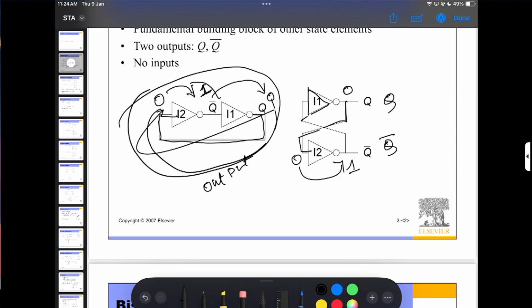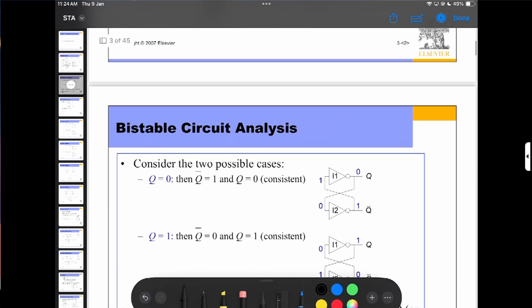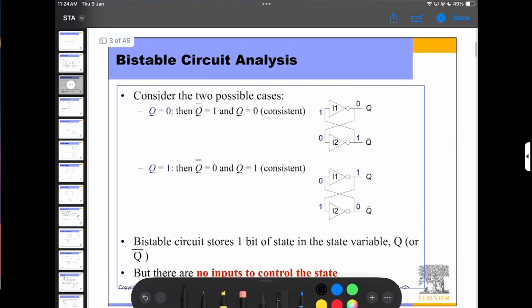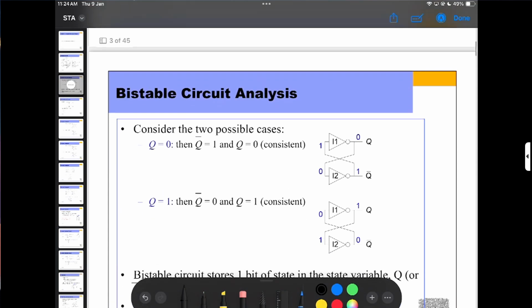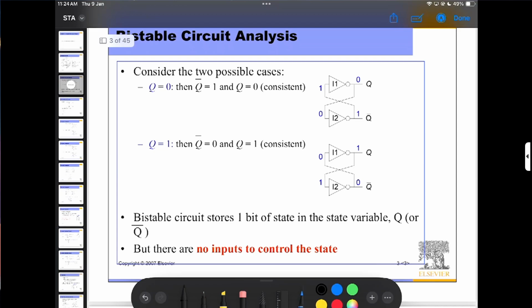So if Q equals 0, then Q bar equals 1, and this 1 goes to here and goes again to 0. Now if here is 1, from here to here 1 goes to 0, because it's an inverter, right? So 1 goes to 0, and this 0 comes to here, and this 0 goes to 1 again.